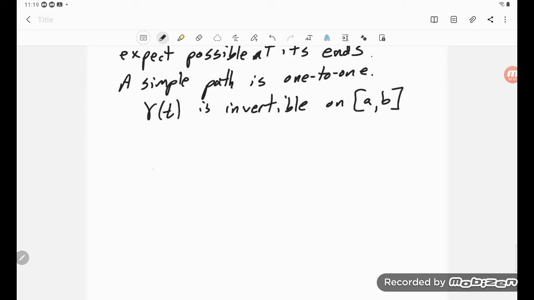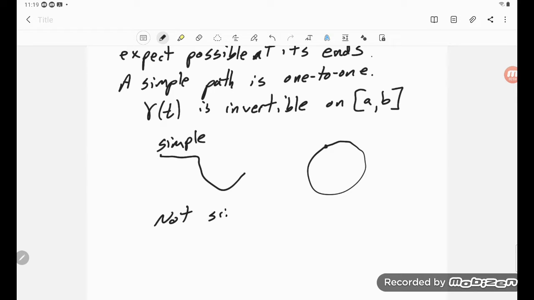Okay, so what can happen is, here is a simple path, but another simple path does allow you to get back to where you started.